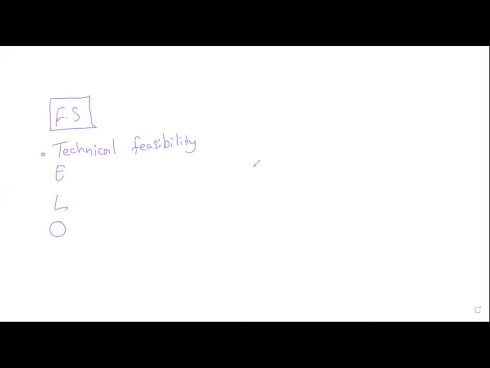Then the next one is, first of all, I'm going to tell you what technical feasibility is. Let's say students, it asks whether it is technically feasible to do it or not.